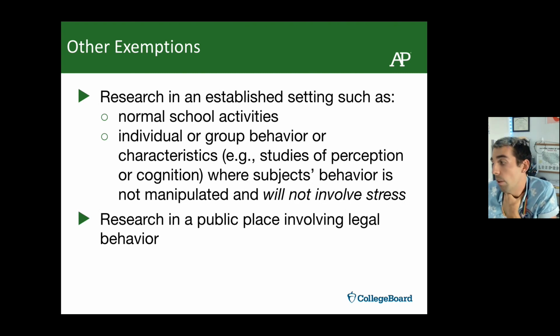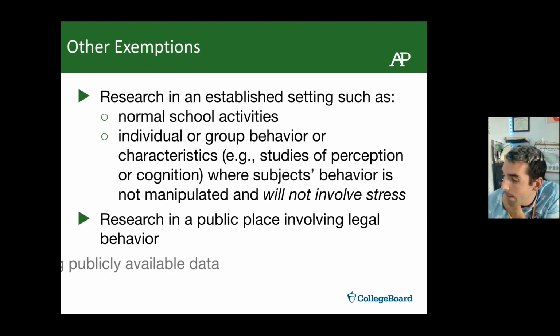Research in a public place involving legal behavior. So again, it must be legal behavior. You're not going in and looking at some drug lord's habits in their warehouse somewhere. That's not legal behavior. It's you going to some shopping mall and observing the driving habits of individuals from a car.